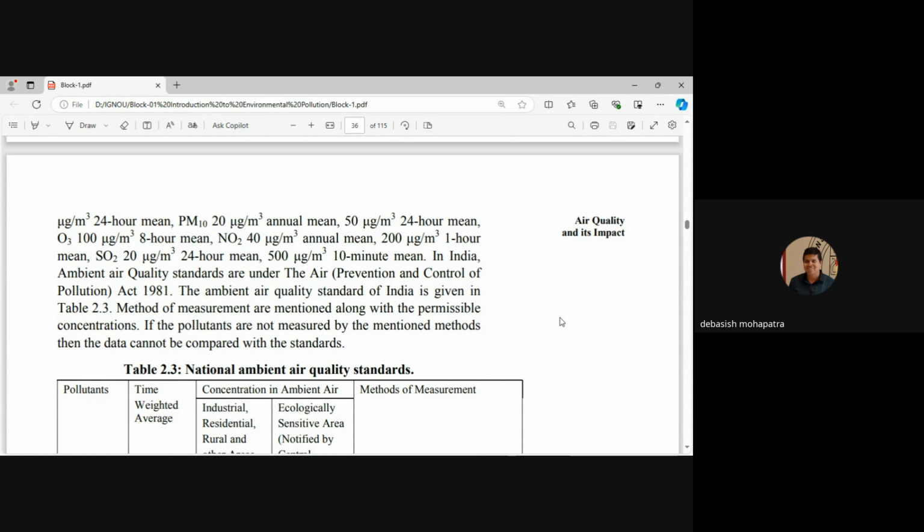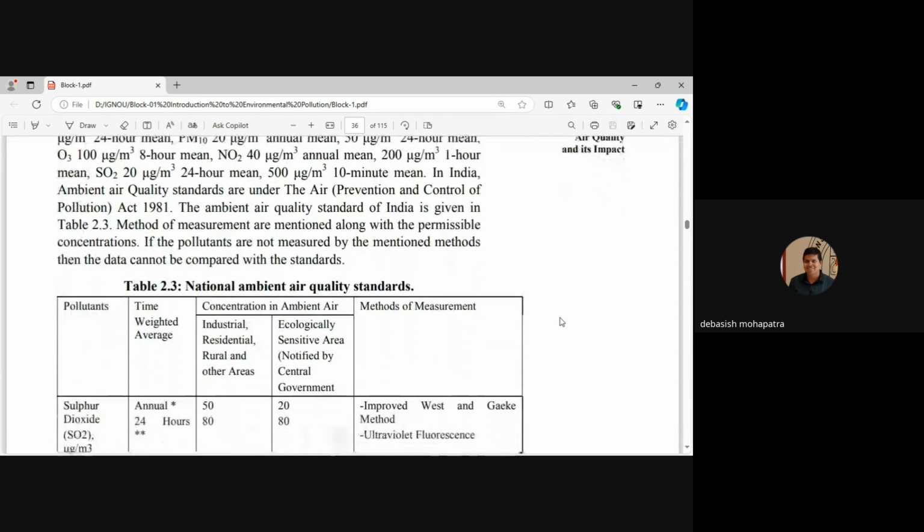In India, ambient air quality standards are under the Air Prevention and Control of Pollution Act 1981, and these are the things which are included under ambient conditions.